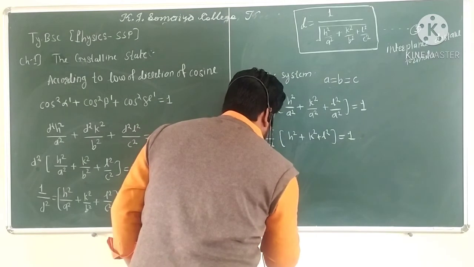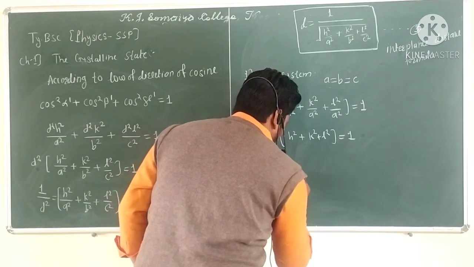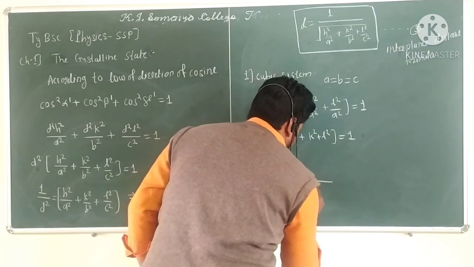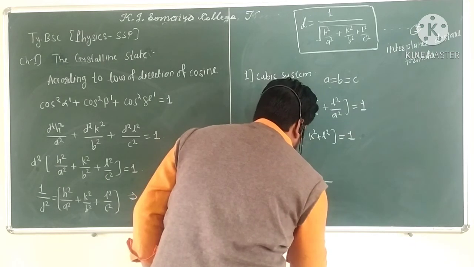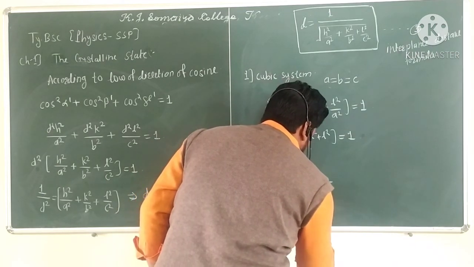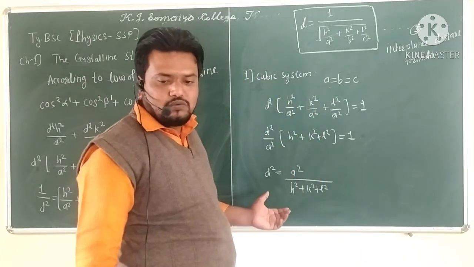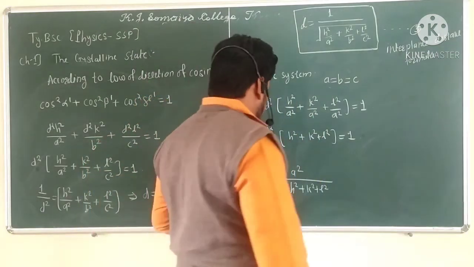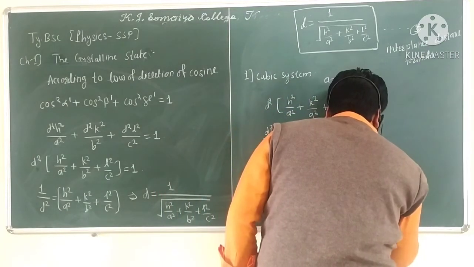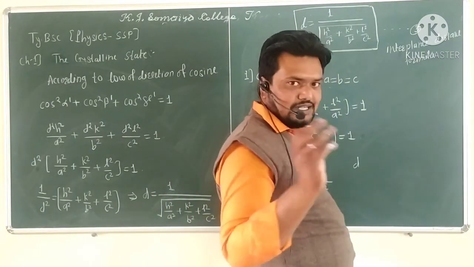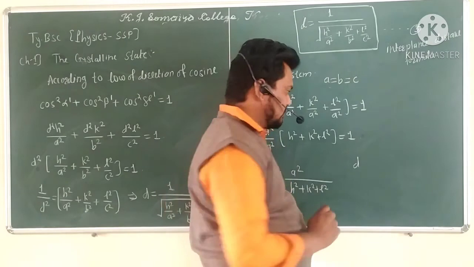So that is the given formula, that d square is equal to a square divided by h square plus k square plus l square, and finally we get the value of the interplanar distance d of the Miller indices, which is considered as the HKL plane.